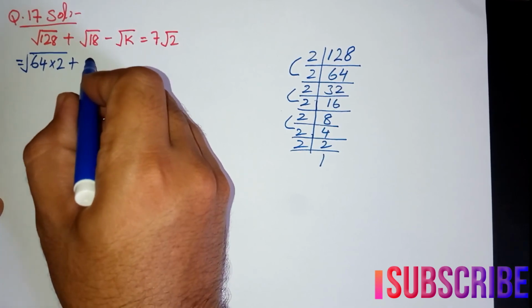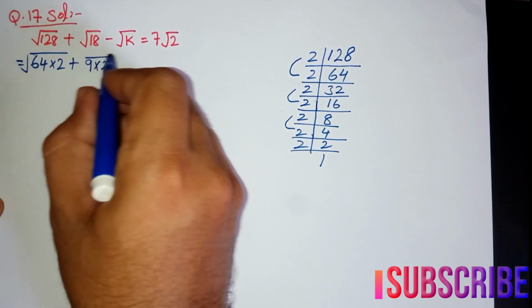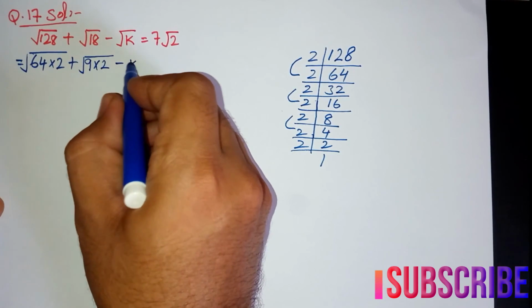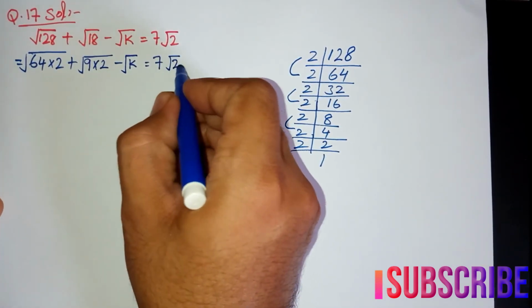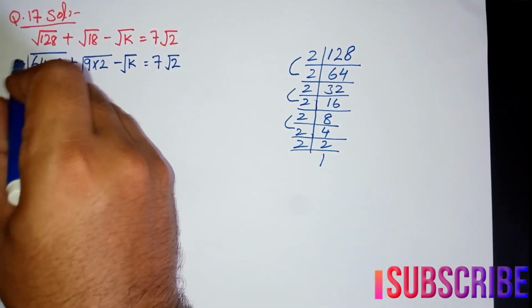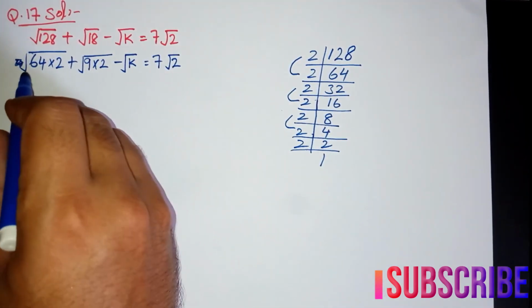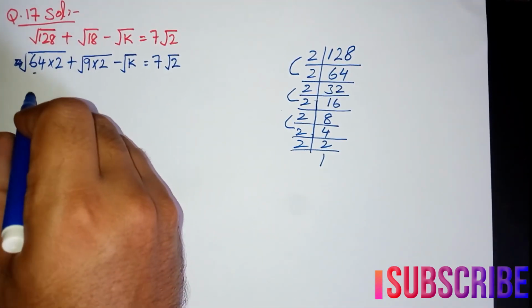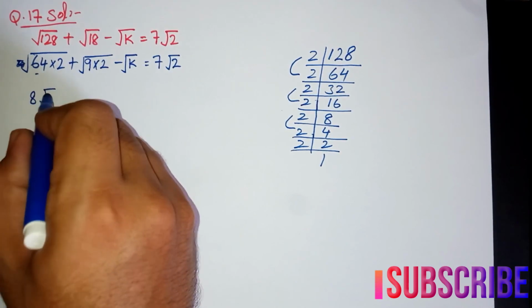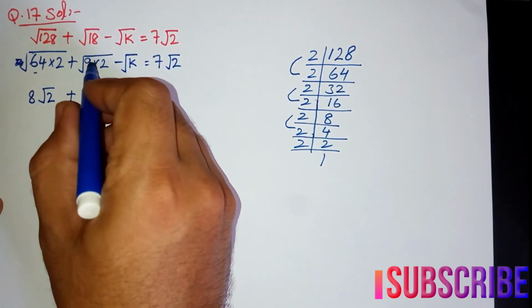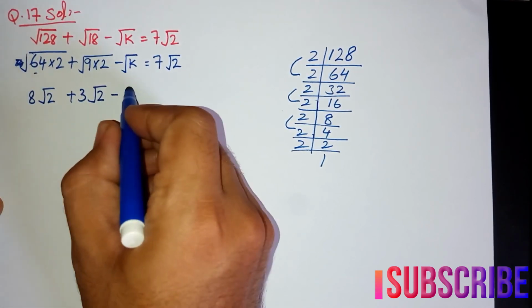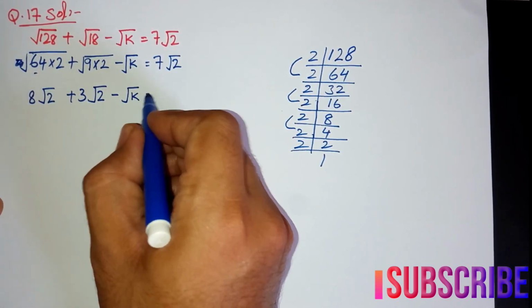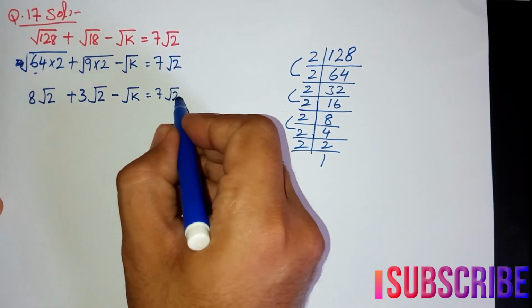So 9 times 2 is 18. Minus square root k, we have to find the value, equals 7 square root 2. So 64 is a complete square of 8, square root 2. 9 is a complete square of 3, minus square root k equals 7 square root 2.